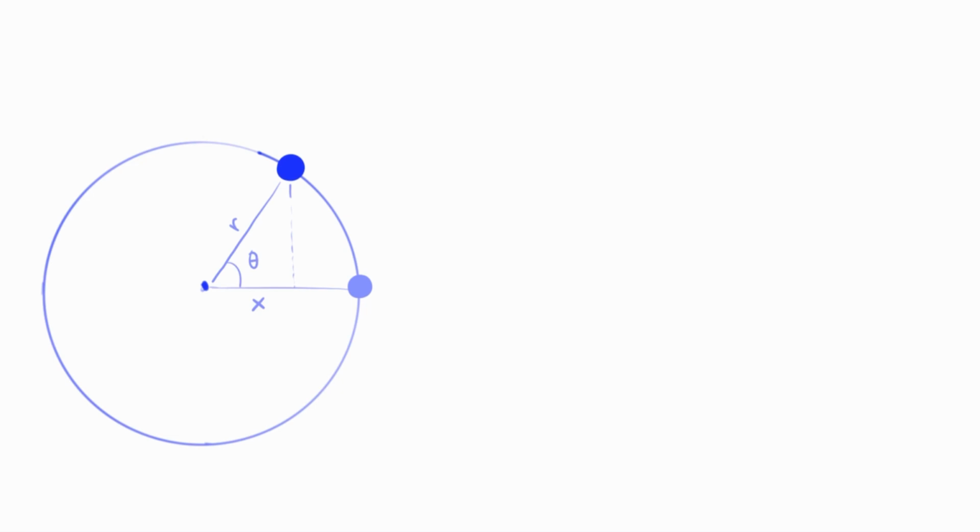Now that we understand those concepts, we can start deriving equations for simple harmonic motion. Looking at the diagram, as an object is moving in circular motion, we can take its angular displacement by looking at the angle between the initial position of the object and its final position. We can relate this to the x position of the object by looking at the cosine function.